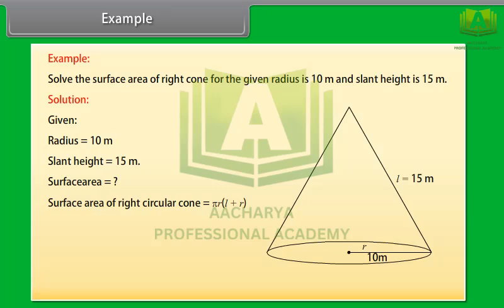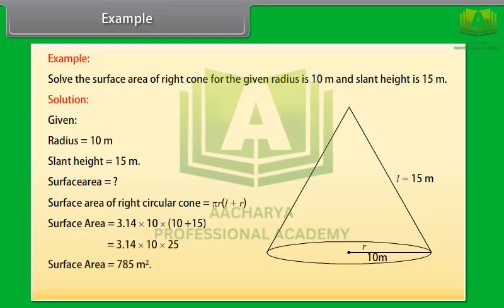Therefore, by substituting the values we get, surface area is equal to 3.14 into 10 into 10 plus 15. By solving this, we get surface area is 785 square meter. Therefore, surface area of the right cone is 785 square meter.